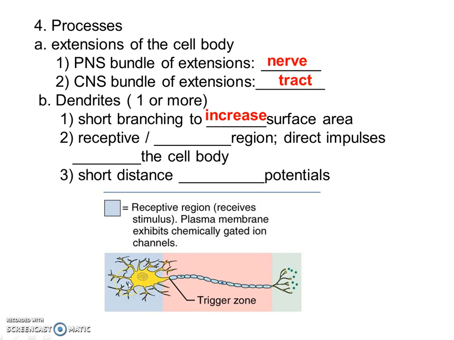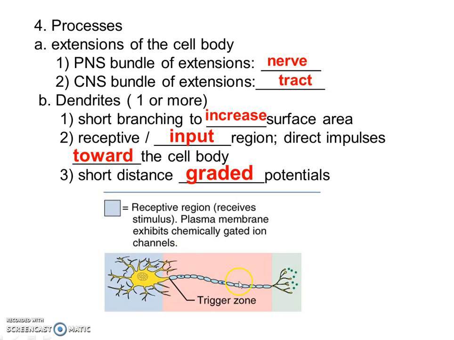It is part of the receptive region or the input region of the neuron, and it directs its impulses towards the cell body. The kind of potentials that come in dendrites are graded potentials. That means that they're going to only travel a short distance. They can add up to be an action potential, but they're very short and they can die out.